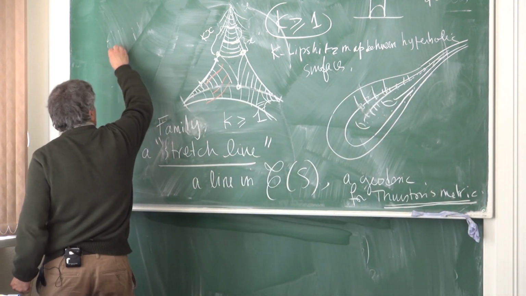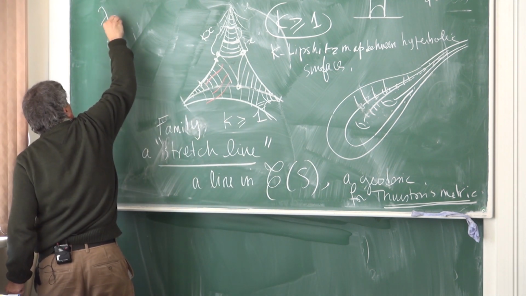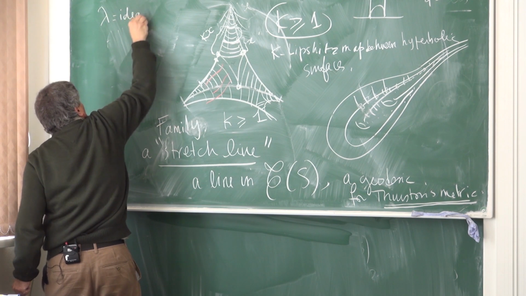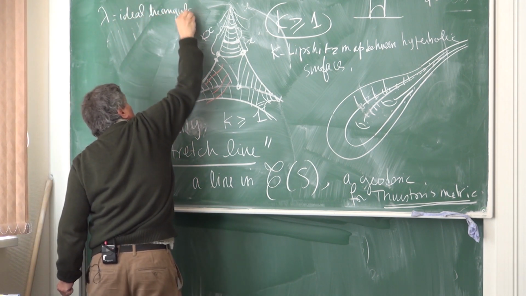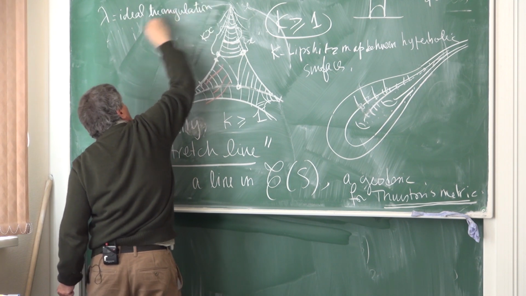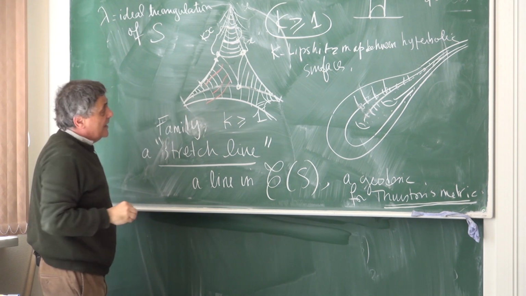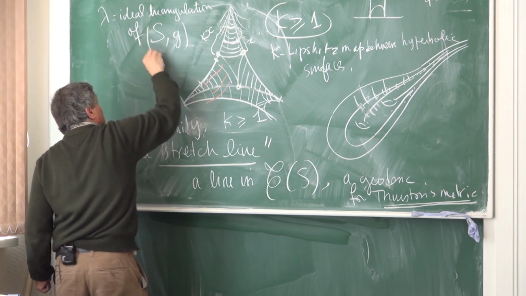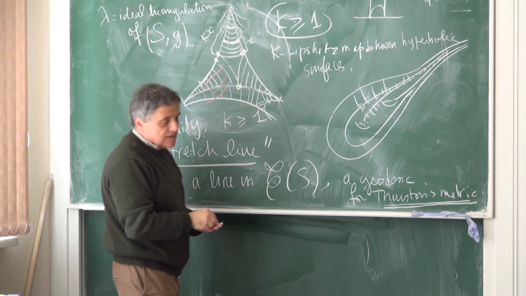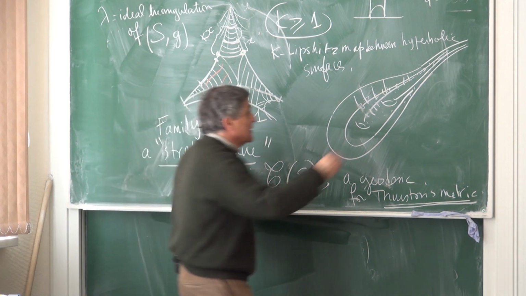So lambda now is an ideal triangulation of my surface S. S is equipped with a hyperbolic metric G. This is lambda.